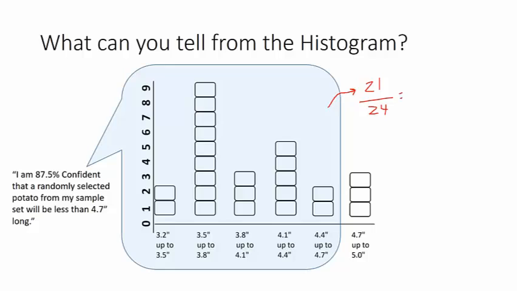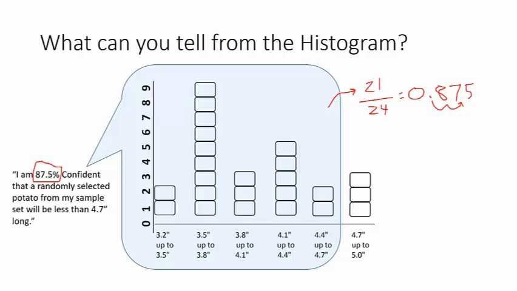And I come up with 0.875. People like to see that expressed as a percent, so I multiply this by 100, or move the decimal place two spaces over. That's how I get this 87.5% level.